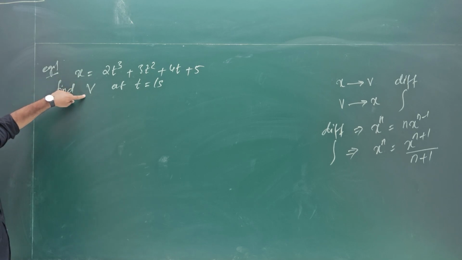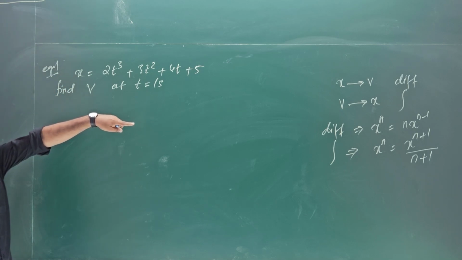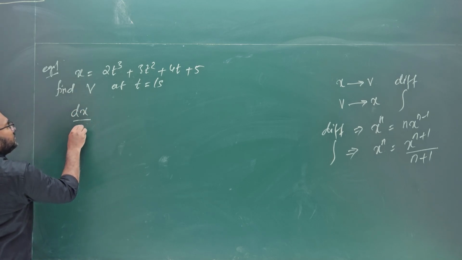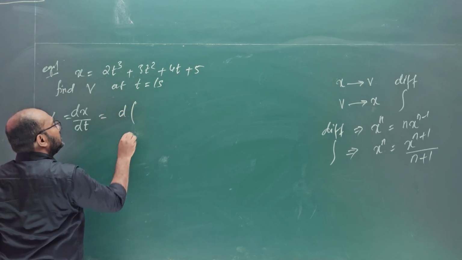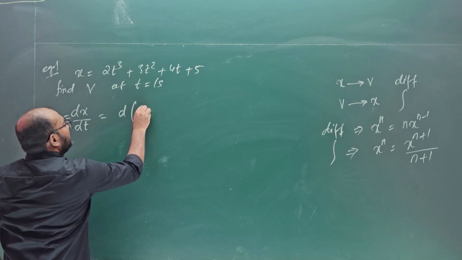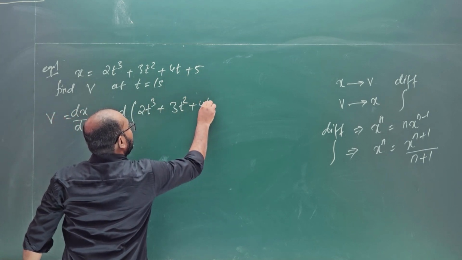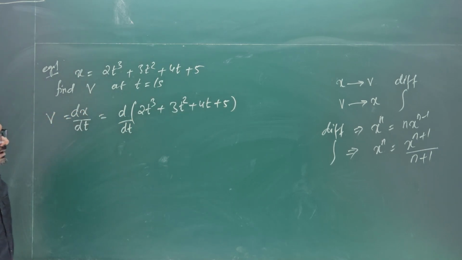X is given, we need to convert to velocity. Differentiation or integration? Differentiation. Okay, so whenever I differentiate with respect to time, dx upon dt is nothing but your v. Substitute over here, d of 2t cube plus 3t square plus 4t plus 5 upon dt. Apply the differentiation formula.